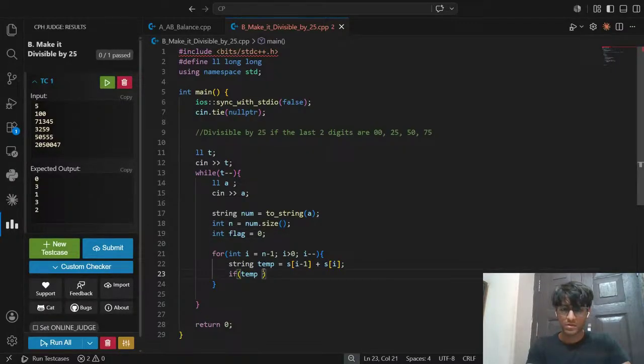If temp is equal to 0, 0, temp is equal to 20, 25, and is equal to 50.